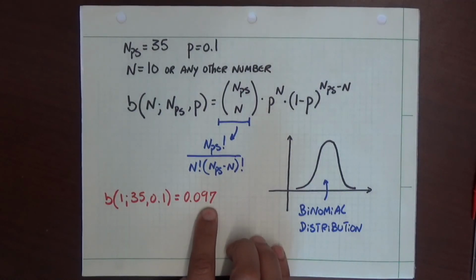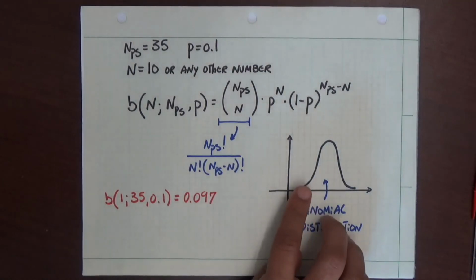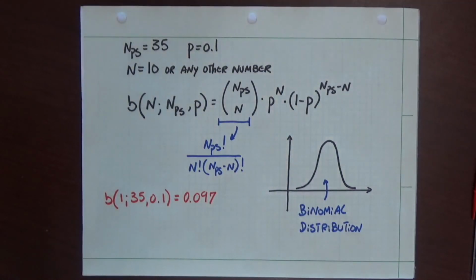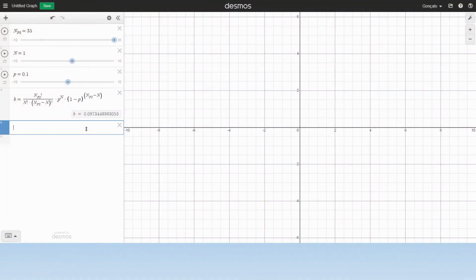So now let's plot and see how we get this graph over here. Let's go back to Desmos and create an array here of 1 user to NPS users, so it goes up to 35.